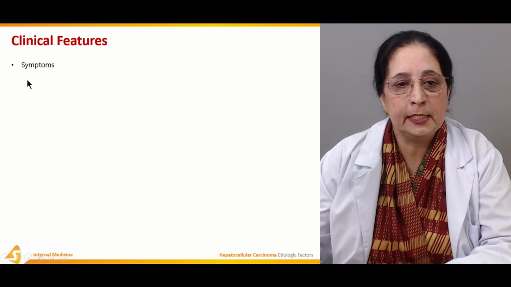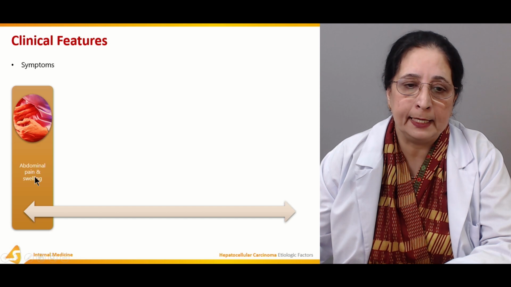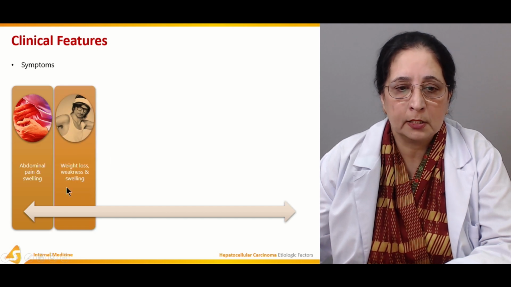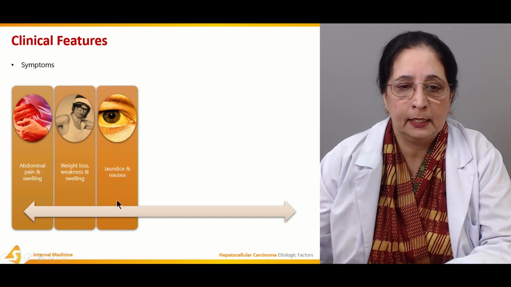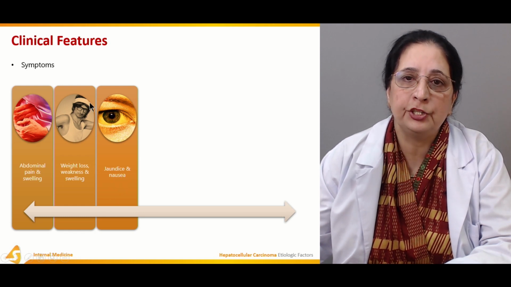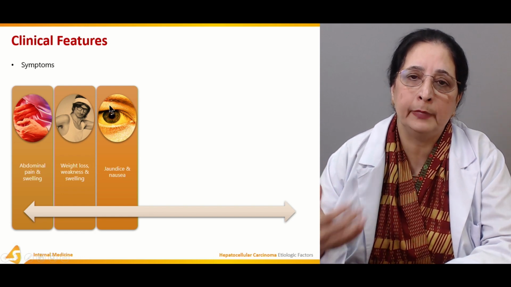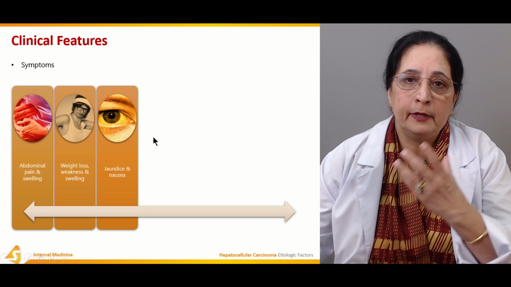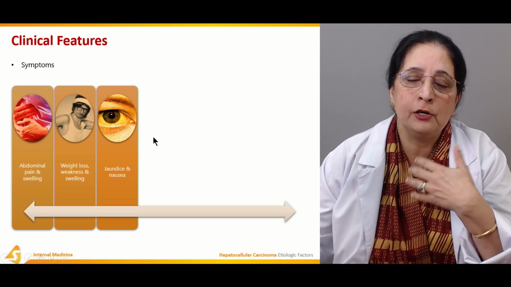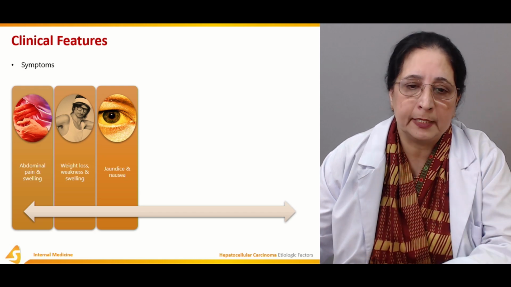Clinical features: the symptoms include abdominal pain and swelling, weight loss, weakness and swelling. There is jaundice and nausea. Jaundice is yellow discoloration of the skin due to an increased level of bilirubin. This is very significant and diagnostic of liver disease or hepatitis.